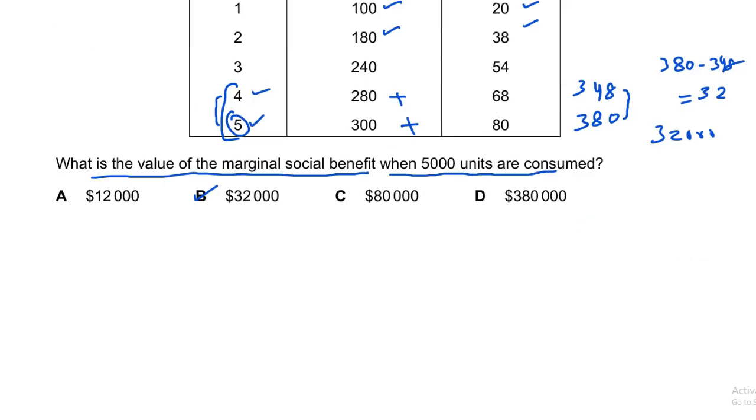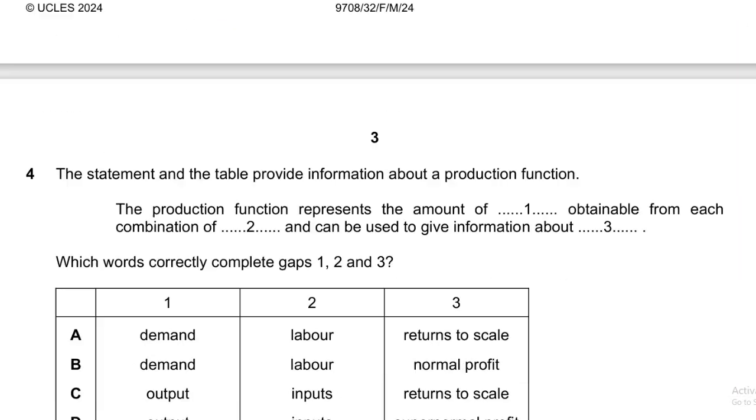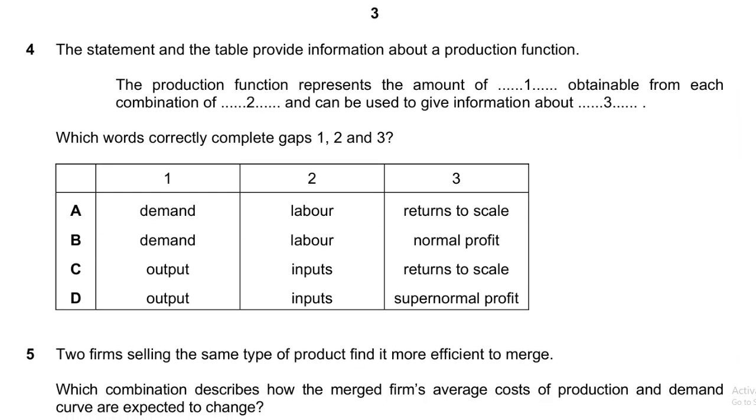Okay, so now moving to the next question. This question says the statements and the table provide information about a production function. The production function represents the amount of output obtained from each combination of inputs.